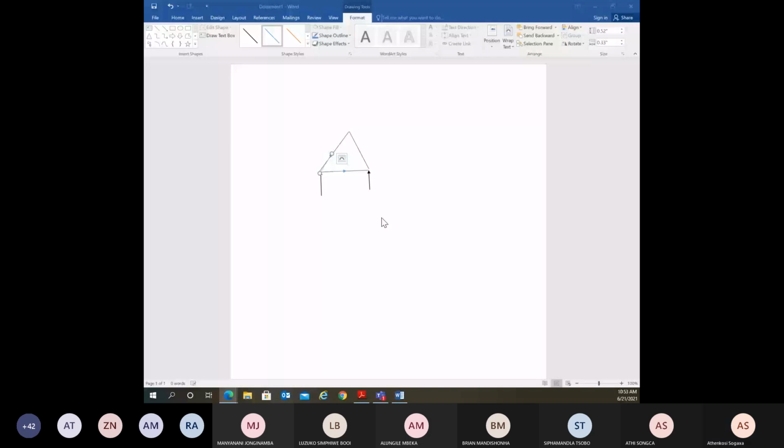It's a triangle, there's nothing else. Can you always overlay on the screen? That is a triangle.